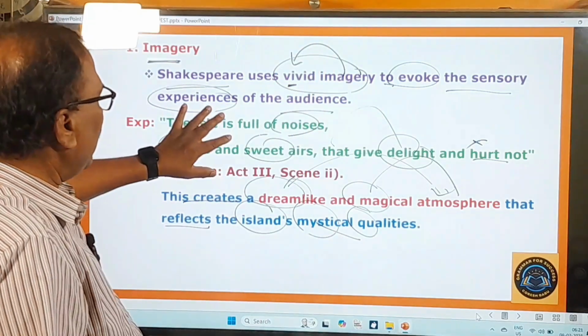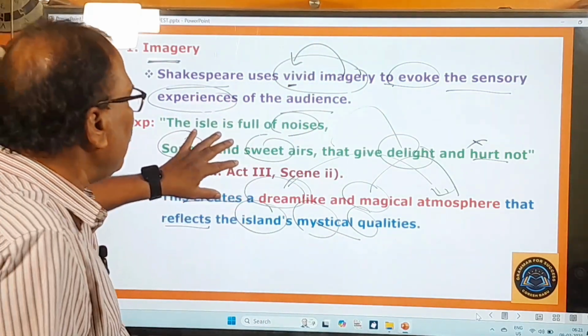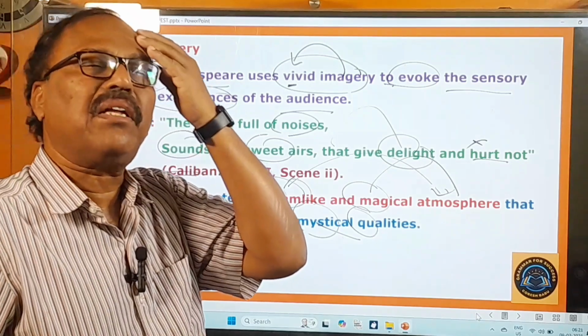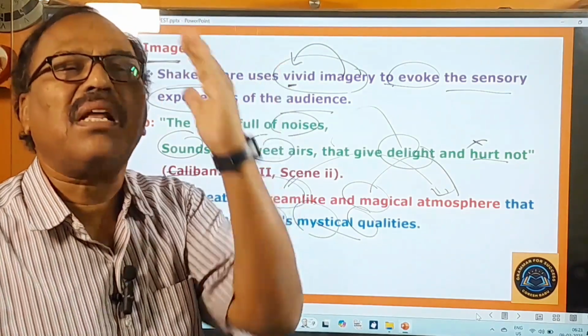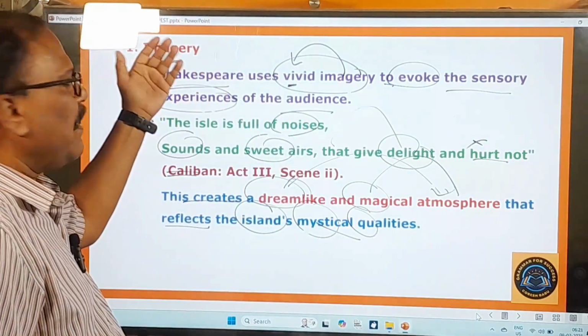So in this way, whenever the readers read these lines, they get some beautiful mental picture. That mental picture itself is called imagery.